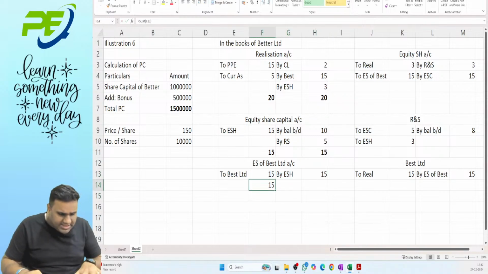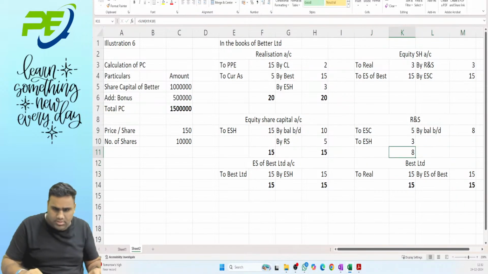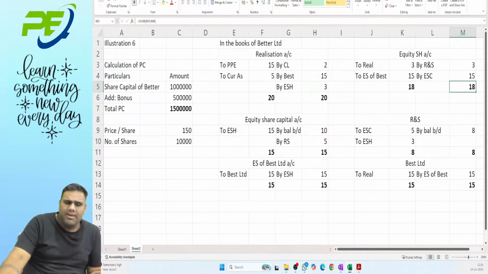I think all the ledgers are tallied. Any ledger which is left out? So all the ledgers, selling company books is over, everyone. Can I continue?